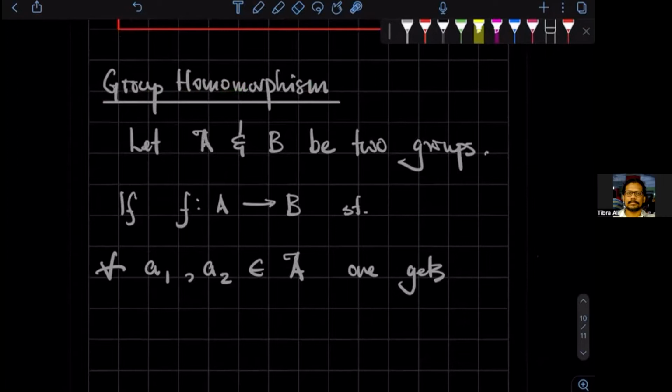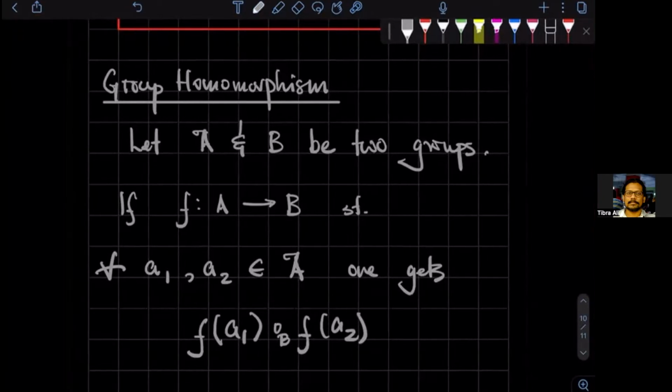So let's talk about group homomorphism. Let A and B be two groups, and F a map from A to B such that for any A1 and A2 in the first group, one gets F of A1 times F of A2. This multiplication will be in the second group, so let's give it a subscript B. That is equal to what you get if you first multiply A1 and A2 in the first group and take its map, then they coincide.